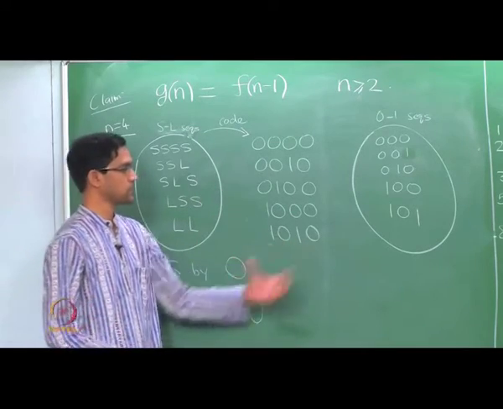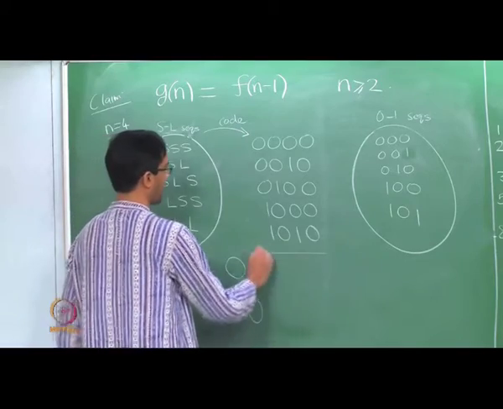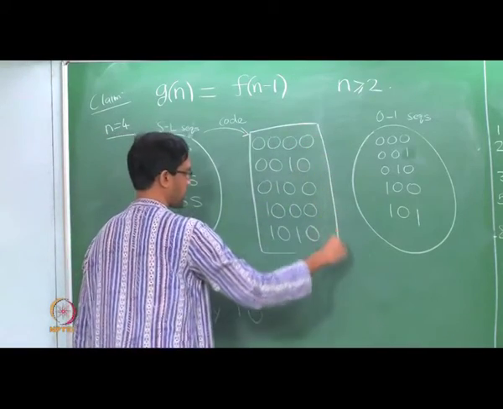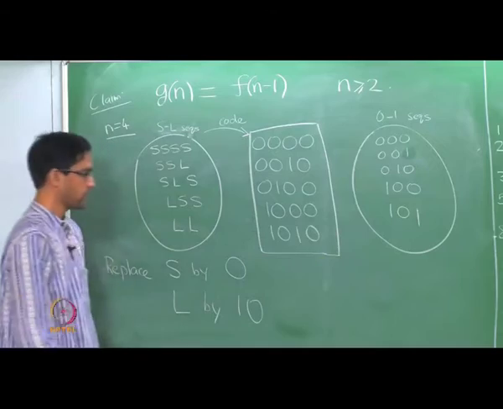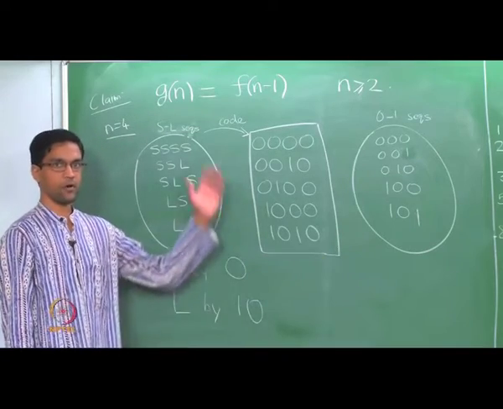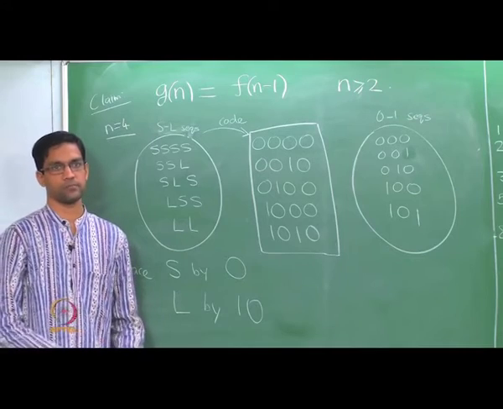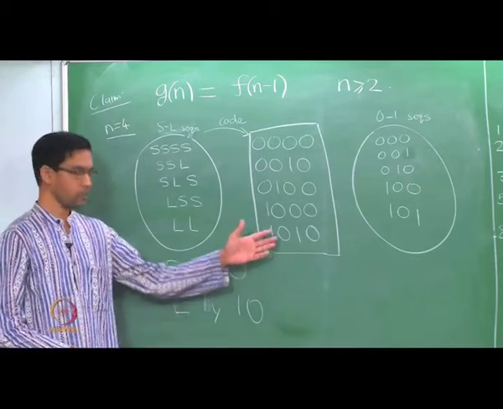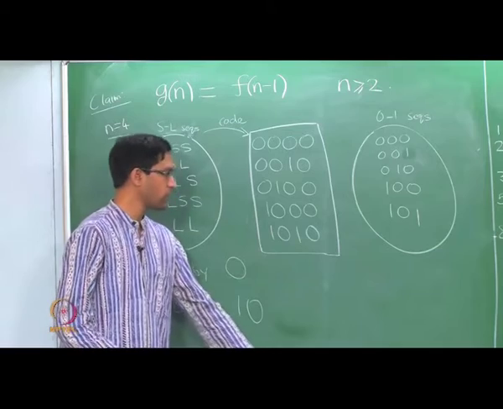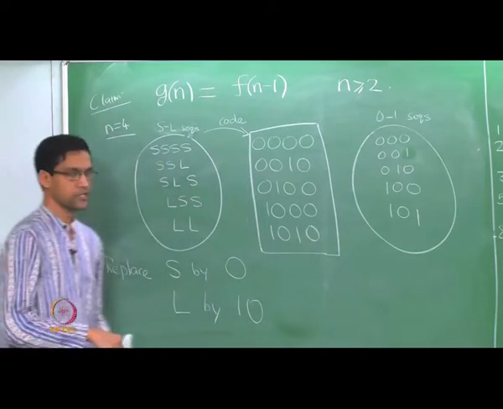That is why this is an intermediary step. But here is the key observation: all of these strings will always end with a 0.